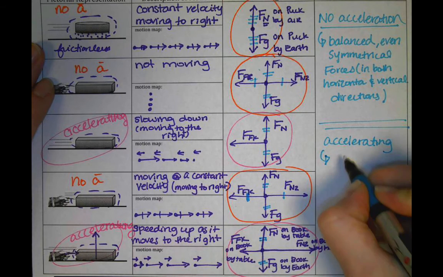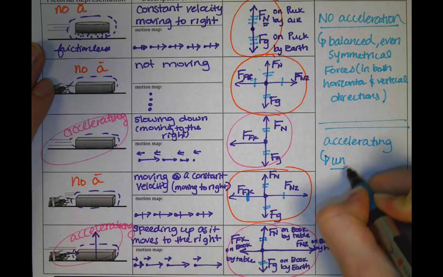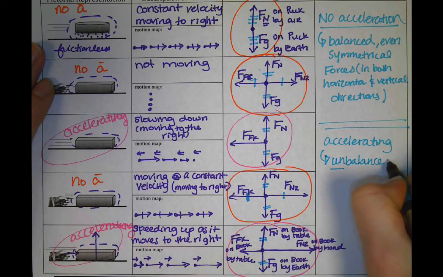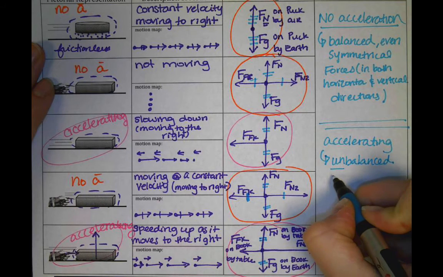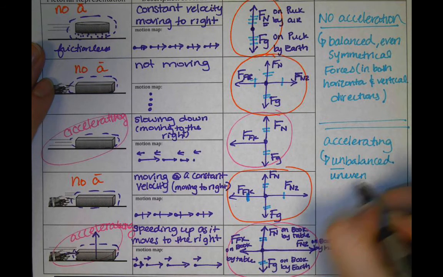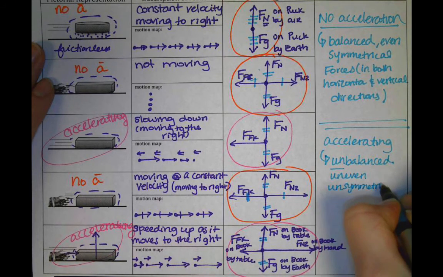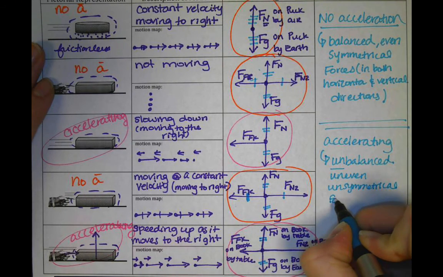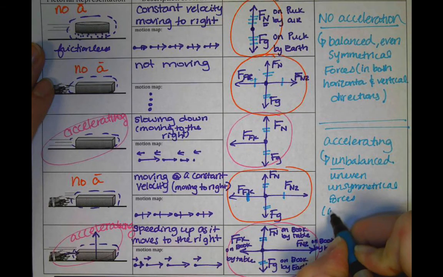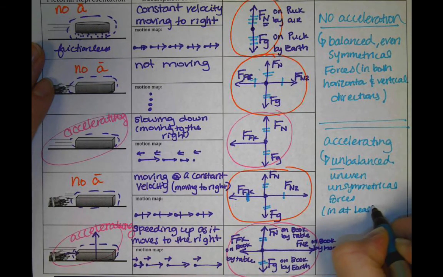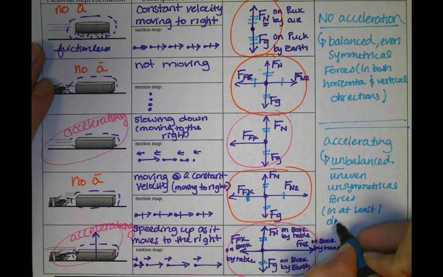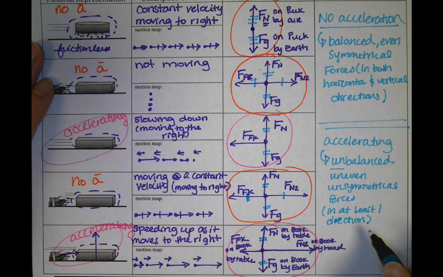These objects have unbalanced or uneven or unsymmetrical forces in at least one direction, and that could either be horizontal or vertical.